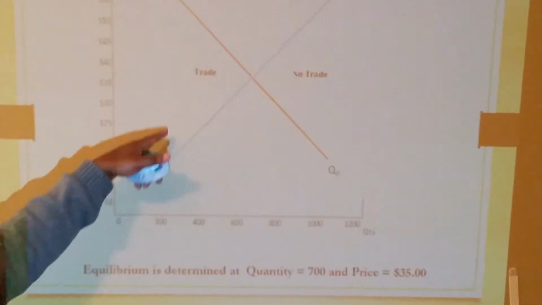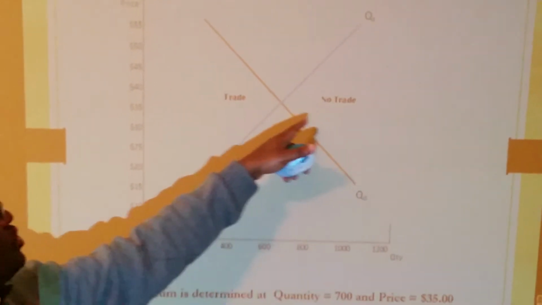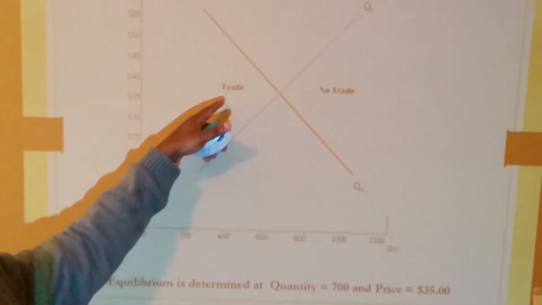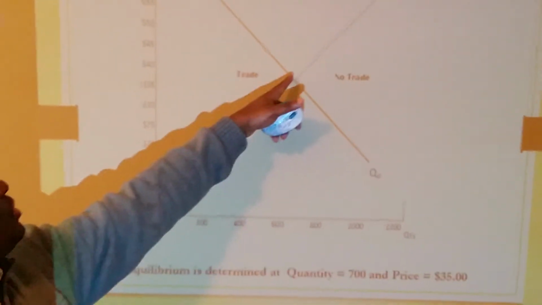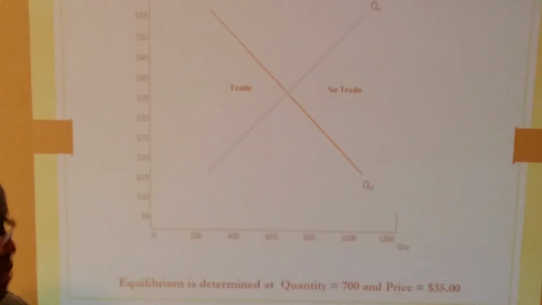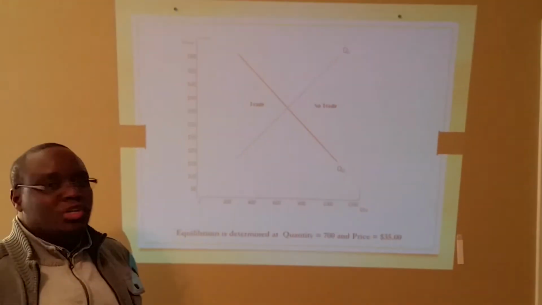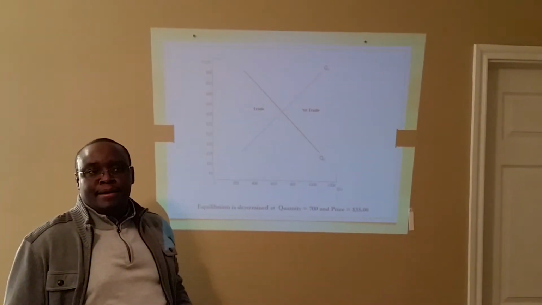At the same time, we have a trading zone and a no trading zone. So anything this side we can trade, anything this side we can't trade. Do we have any questions at this point that we need to clarify?